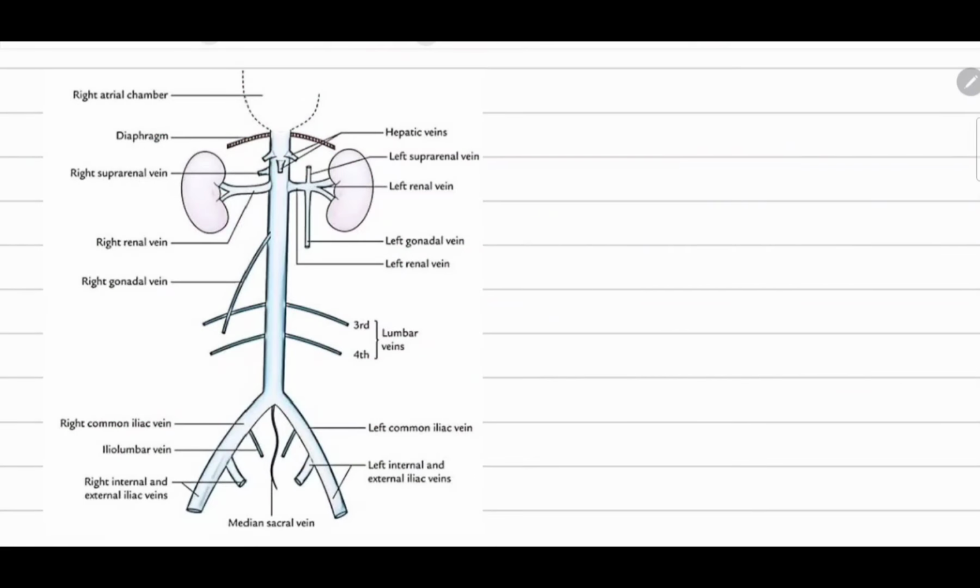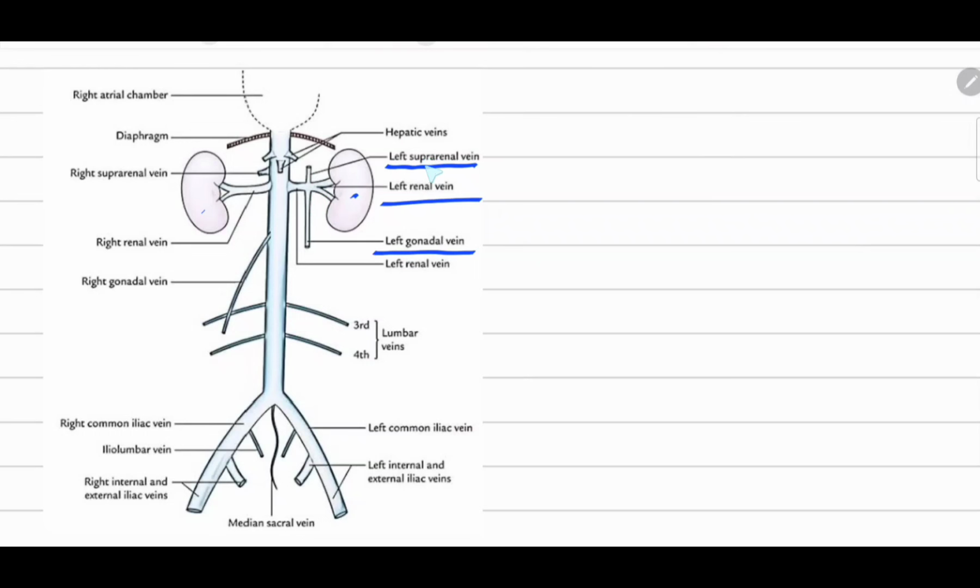Now let us see the next reason. Just look at this area. Here we see the kidneys, and on the other side we have the left renal vein. This is the left gonadal vein. Just opposite, did you see the left suprarenal vein? Opposite to the opening of the left gonadal vein, there is the opening of the left suprarenal vein.